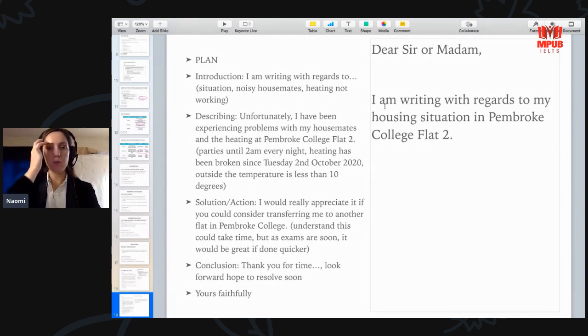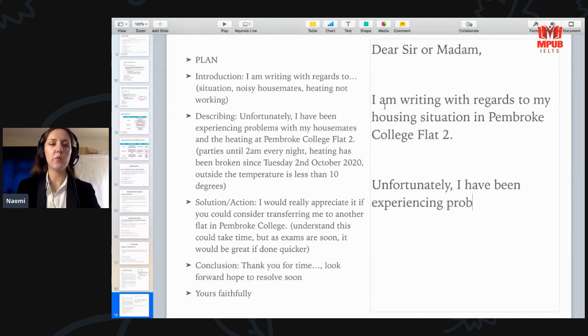Now, the description of the problem. I already know what I will start to. Unfortunately, I have been experiencing problems with my housemates and the heating at this flat.